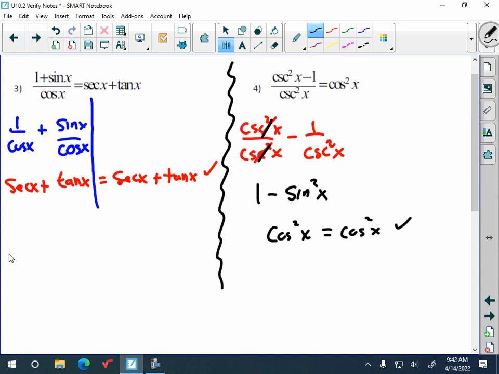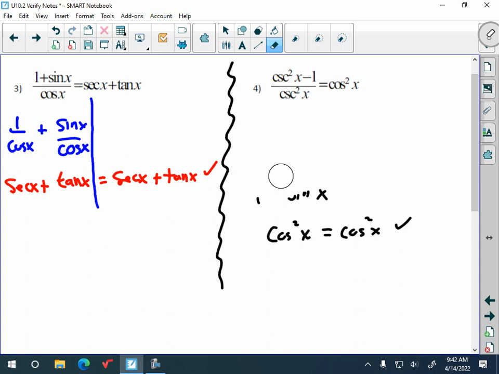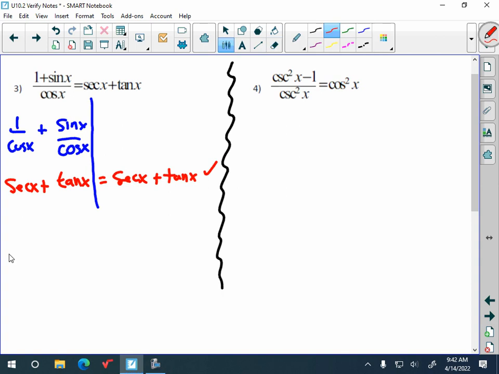All right, now you could. Did anybody try doing this using the Pythagorean identity at the beginning? You can change everything to sines and cosines. So cosecant squared x minus 1 is what, if we just change the top?